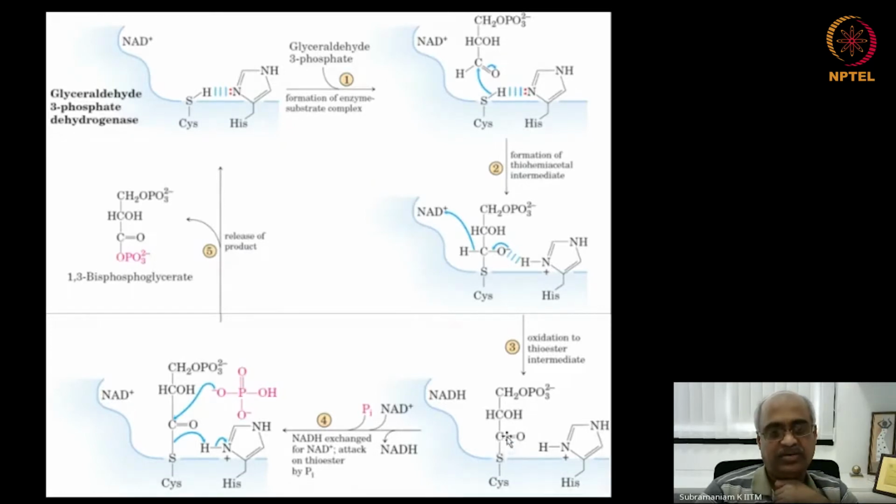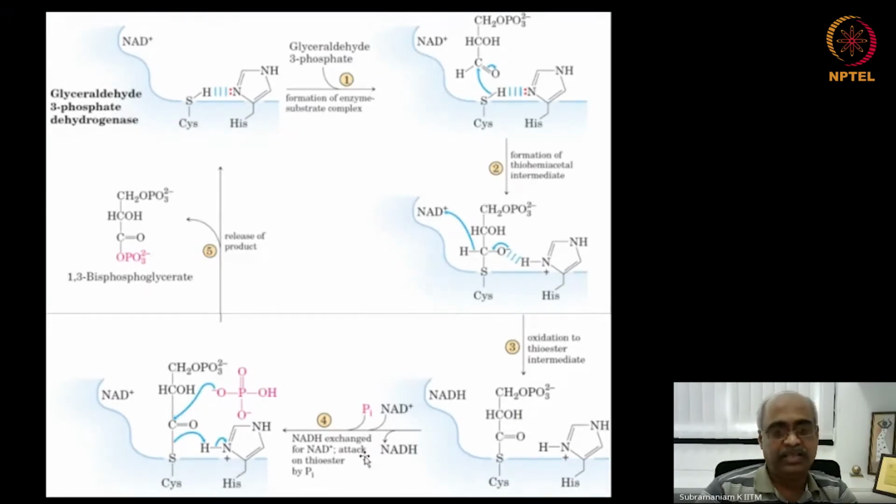So this is a thioester. This is no longer an alcohol group. Instead, it is an acyl group, and that is facilitated by the transfer of electrons from this to this NAD plus, and that's how NAD gets reduced, and this transfer leads to the formation of this ester bond, this carbonyl group.